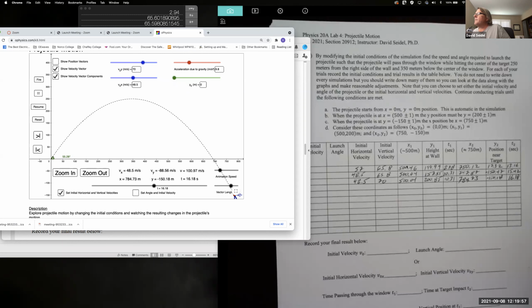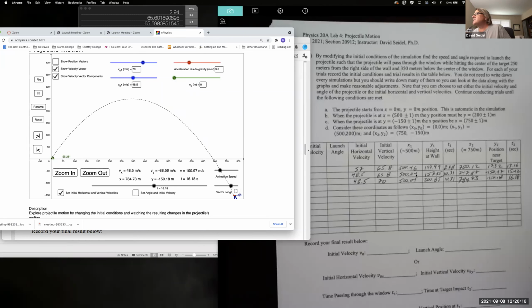On this one, I set my first condition, so I met 500 and 200. That's pretty easy to find, and that's like one to write down. But my target isn't met. At 750, I was still 17 meters above the launch position, not 150 below.